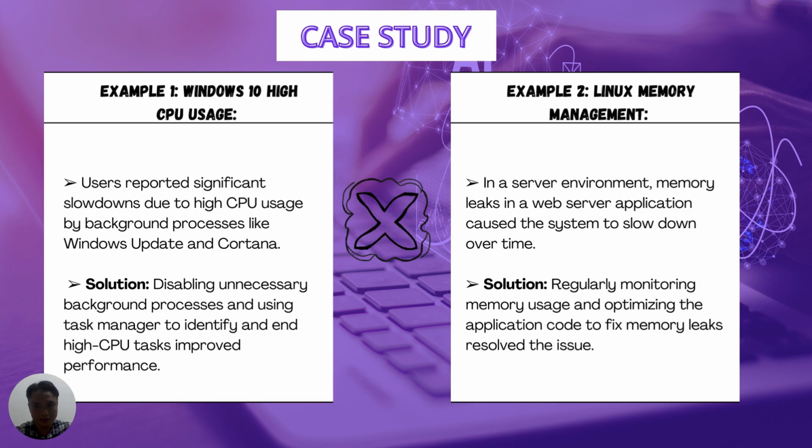Next is the server environment running Linux. Memory management issues such as memory leaks in web server applications can gradually degrade performance. Regular monitoring of memory usage and proactive optimization of application code to fix memory leaks represent effective strategies in such scenarios.